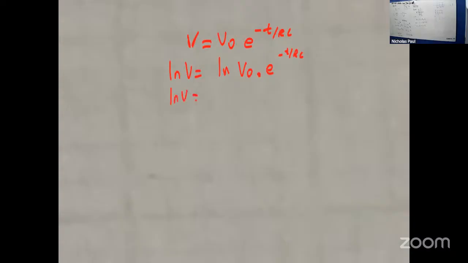You split it up and write it like this: ln v naught plus ln e to the minus t on RC. And then you can take the power and put it in front. That's a rule for ln. So you'll end up with ln v is ln v naught minus t on RC ln e.